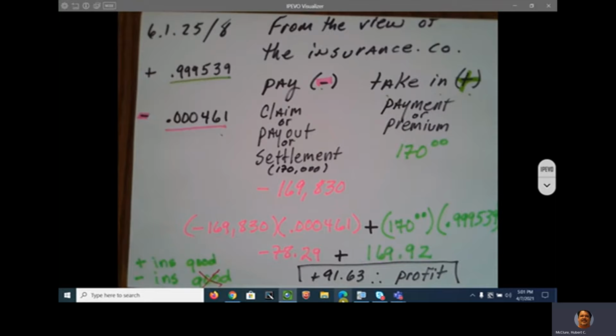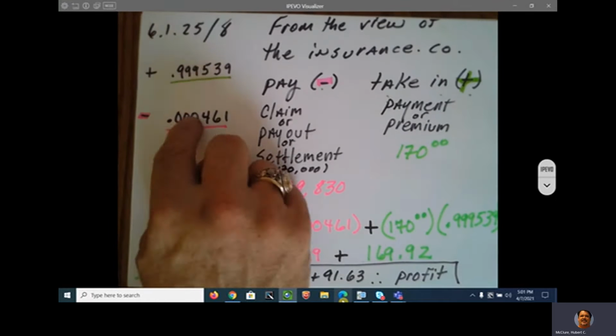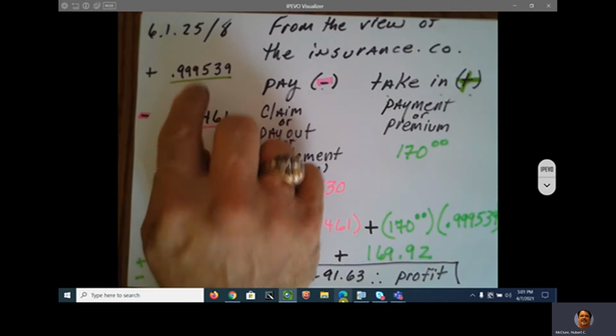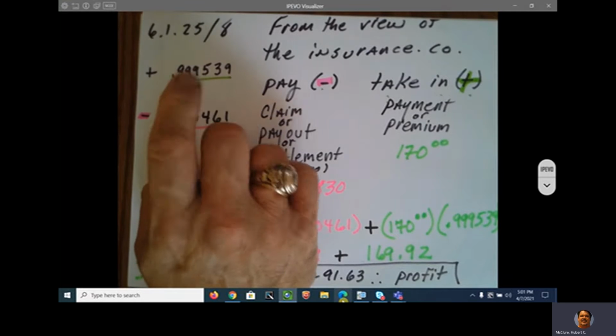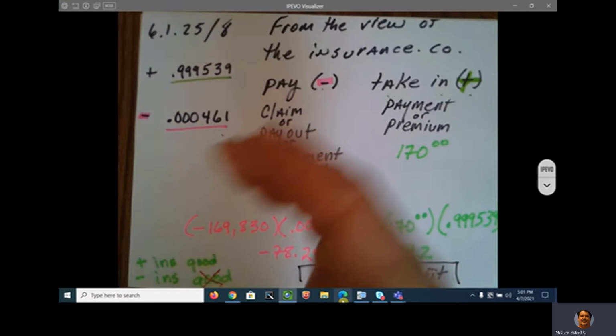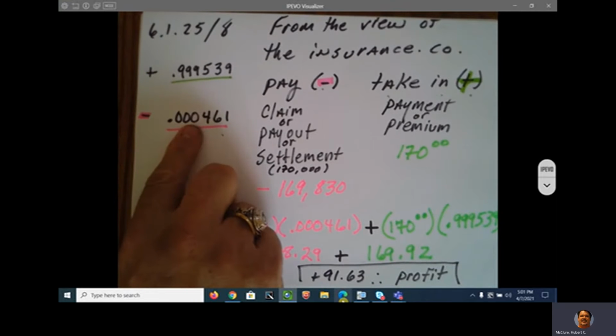Now, the first thing a student will ask me is, well, why didn't you make that negative 0.00? Excuse me, these are probabilities. I can't make a probability negative. I was just telling you that in the scope of positive and negative, death is considered negative, and that's why I put a red line under it.